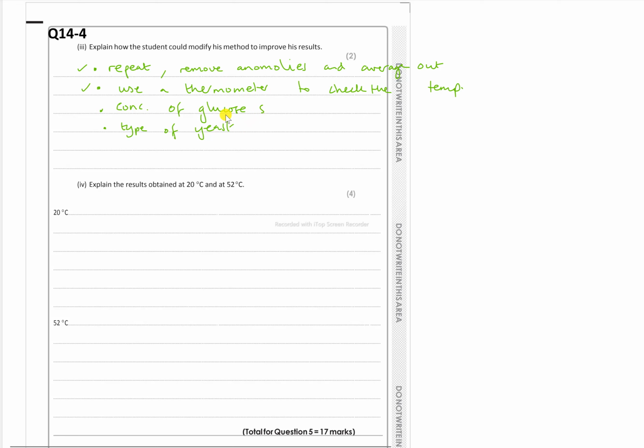Right, another important one, and this is useful for chemistry as well, is use a gas syringe to measure volume of CO2 rather than counting bubbles.